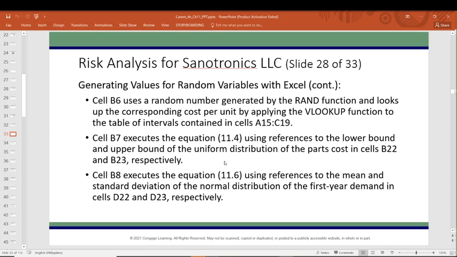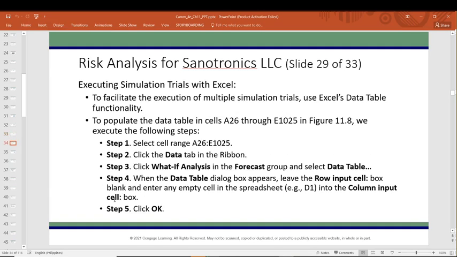In B7, it executes the equation using the cell references to the lower bound and upper bound of the uniform distribution of the parts cost in cells B22 and B23 respectively.